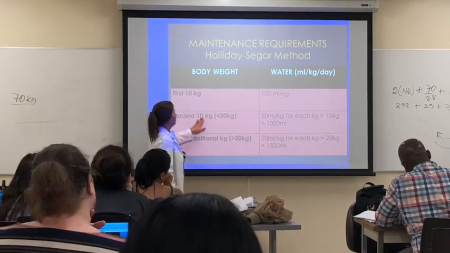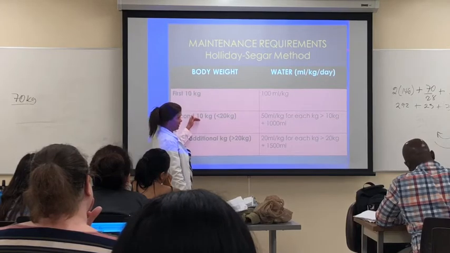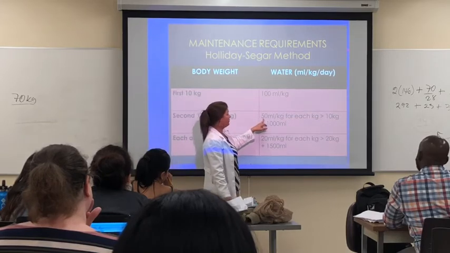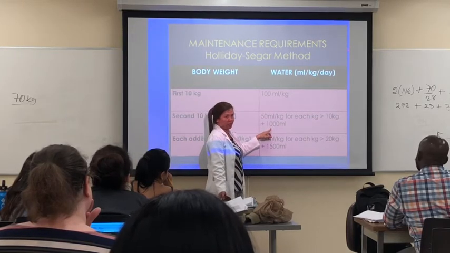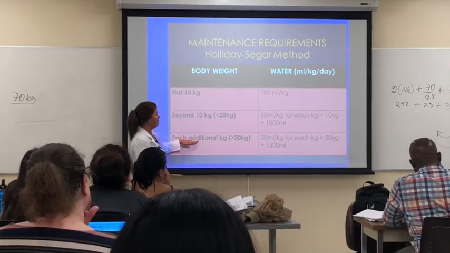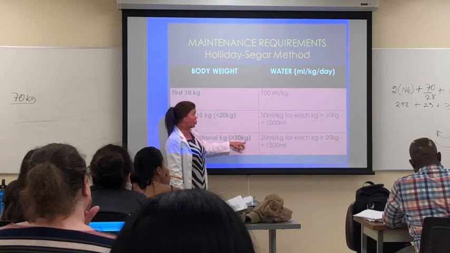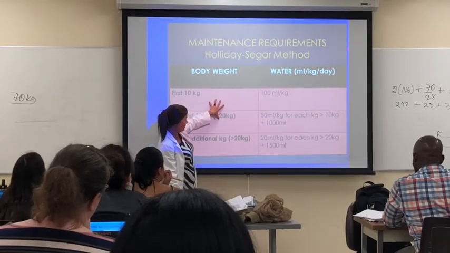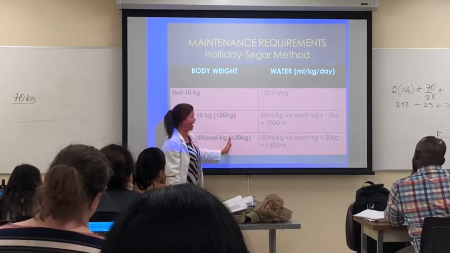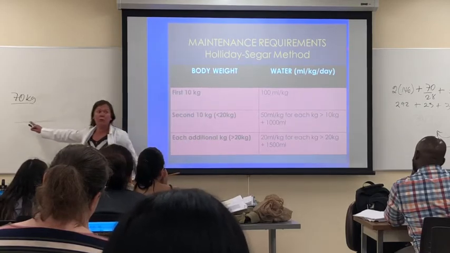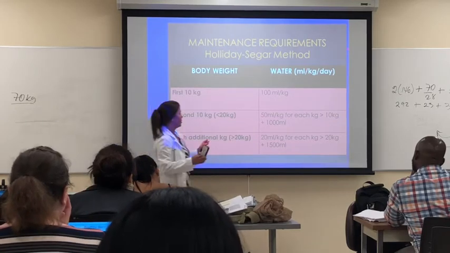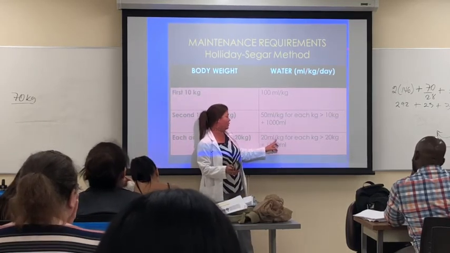For the second 10, which makes 20, you need 50 mL per kilo, which is no more than 1,000 total. So far, so good? Then for each additional kilogram beyond 20, you calculate 20 mL per kilo.